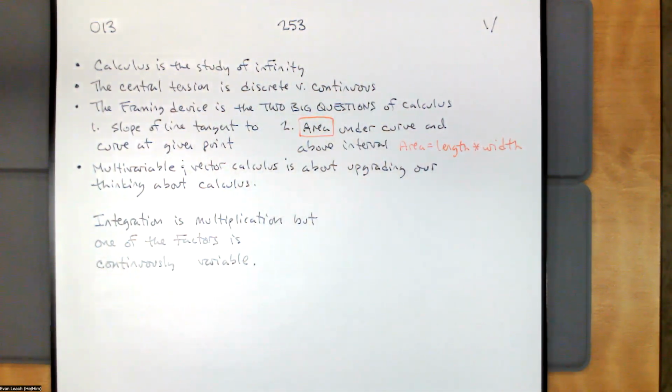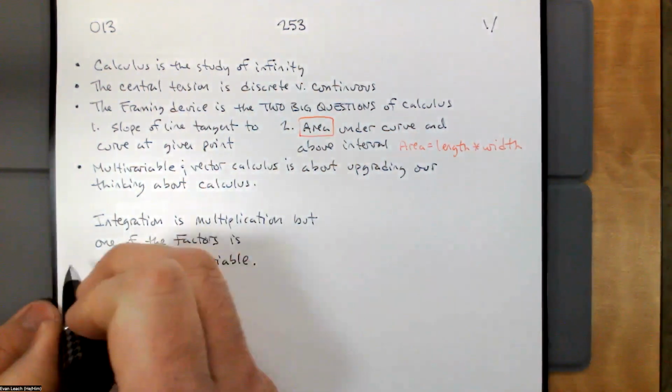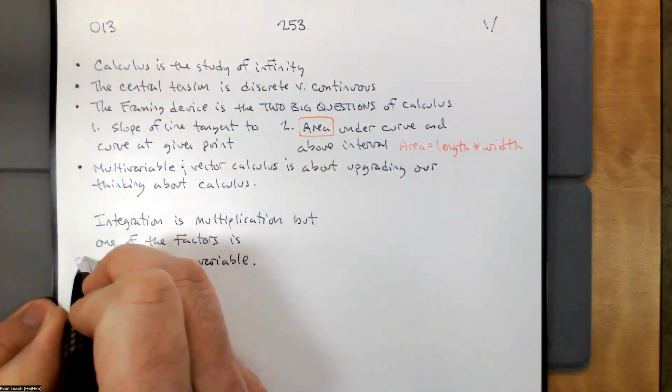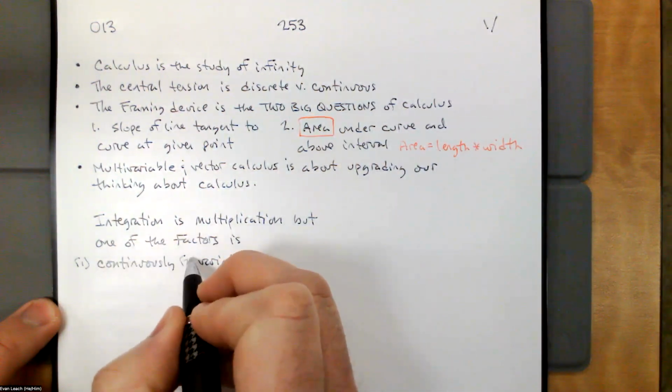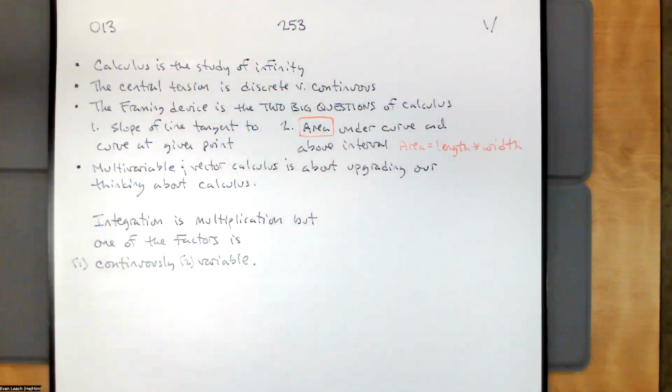Two things that are mucking with our multiplication business right now. Variable, continuously variable. Two problems. Calling this multiplication. The reason that these form problems is that this is not how multiplication works.